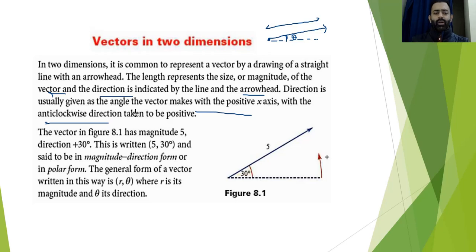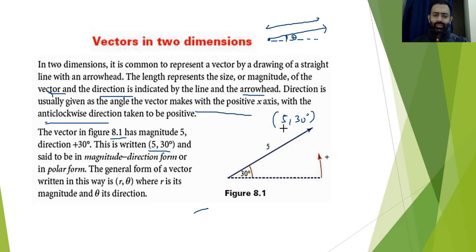The vector in figure 8.1 has magnitude 5. So the length of this is 5 units and its direction is plus 30 degrees. This is written in the form 5, 30 degrees. This is the notation or general form of writing these two quantities.